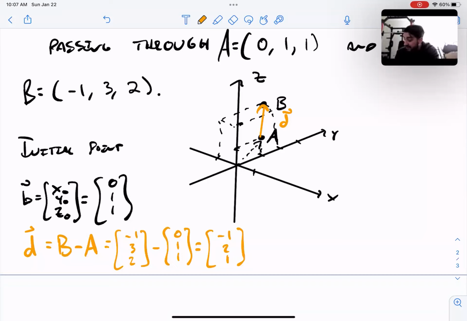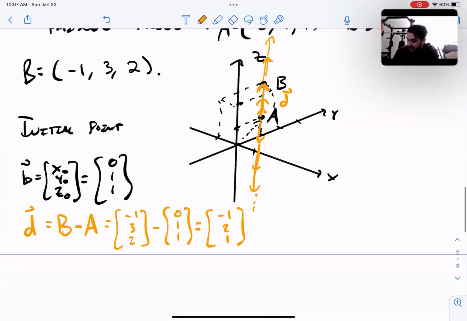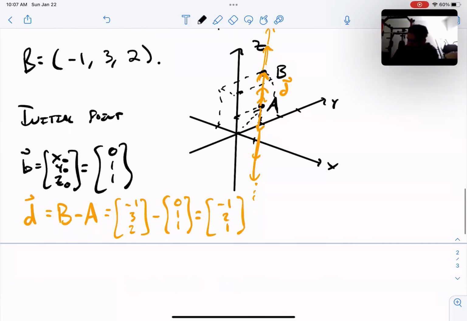So now what do I want to do to get the line that goes through them? I just want to add to location A, which I'm calling vector little b, 1 copy of D, 2 copies of D, 3 copies of D, half a copy of D, a tenth of a copy of D, negative 1 copies of D, negative 2, negative 3 copies of D, and so on, right? So what is that to build line AB?